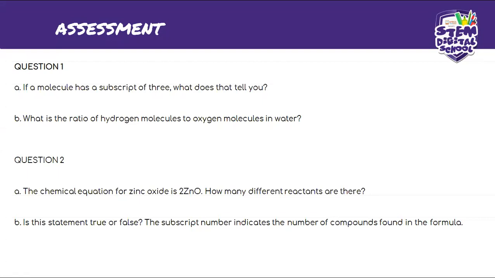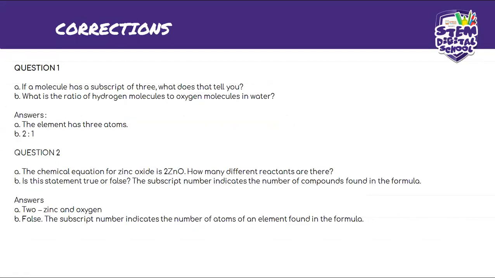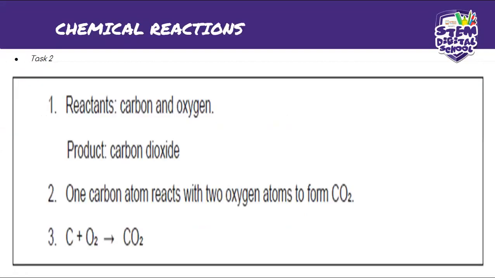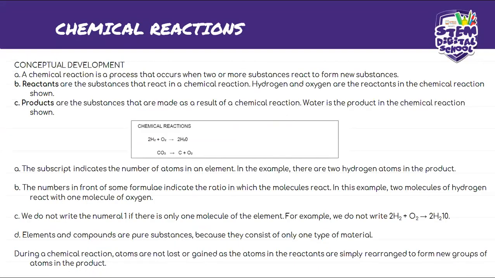Now, before we do this, I want to go back to this. Watch here before you answer the question. Look at these equations. These points are explaining what is happening in the reaction. It says the subscript indicates the number of atoms in an element.